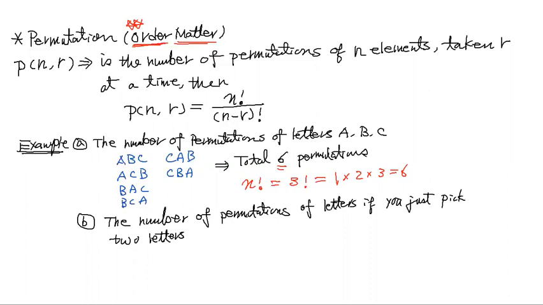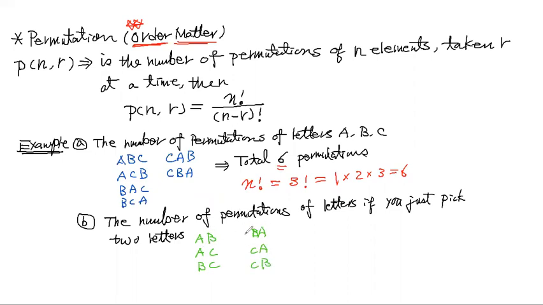Okay, so now take a look at these ones. So you can have A, B, I can have AC, I can have BC, and I can have BA, I can have CA, I can have CB.